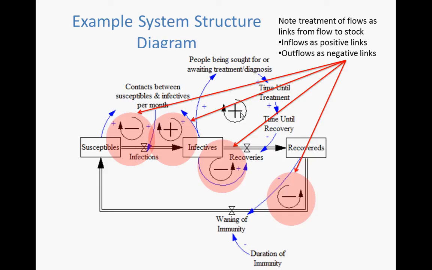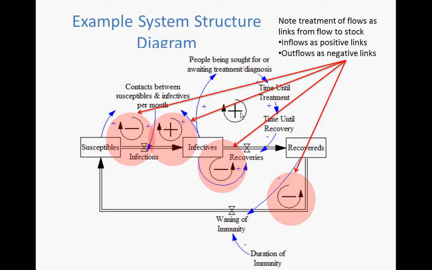We're trying to associate polarity with this link. So as we increase the rate of recoveries, going from 10 people per day to 100 people per day recovering from measles, would the number of infectious individuals go up or down compared to what it otherwise would have been? It'll go down. Okay, so it's a negative link.